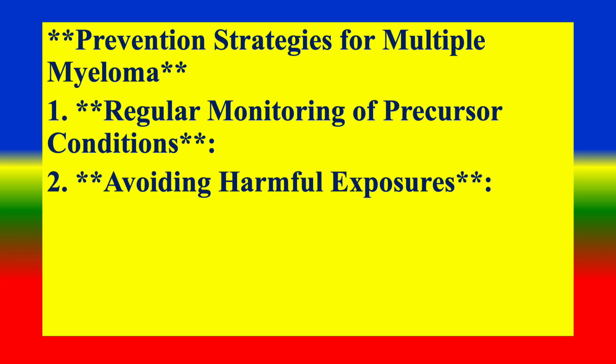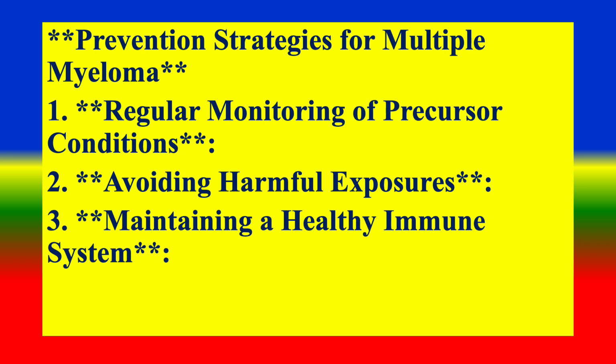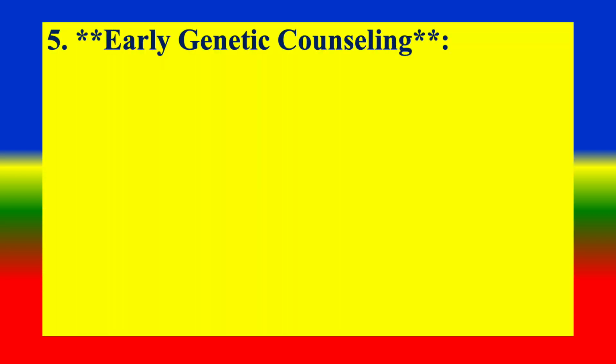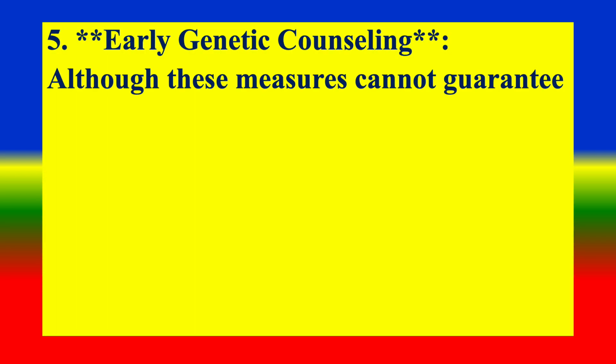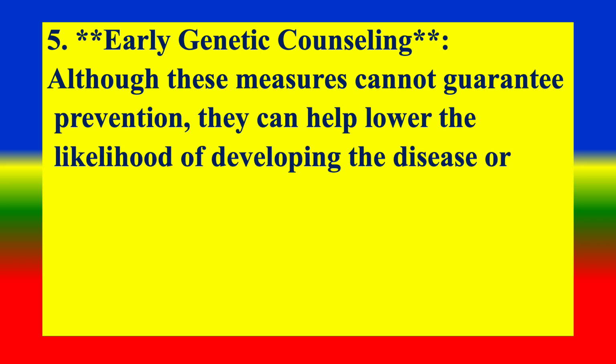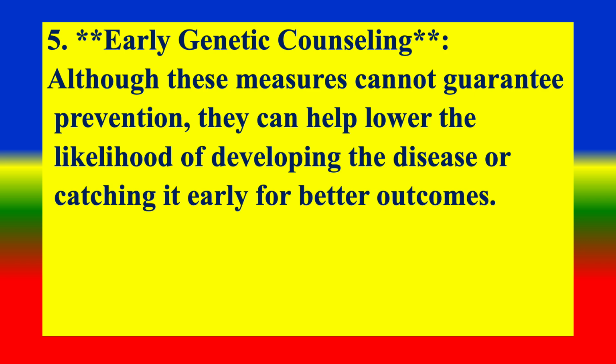Avoiding harmful exposures. 3. Maintaining a healthy immune system. 4. Managing risk factors. 5. Early genetic counseling. Although these measures cannot guarantee prevention, they can help lower the likelihood of developing the disease or catching it early for better outcomes.